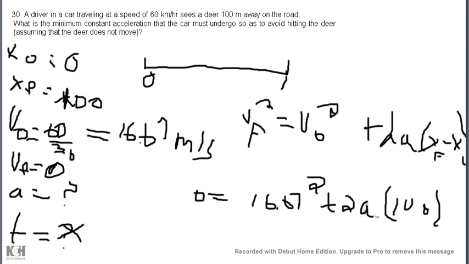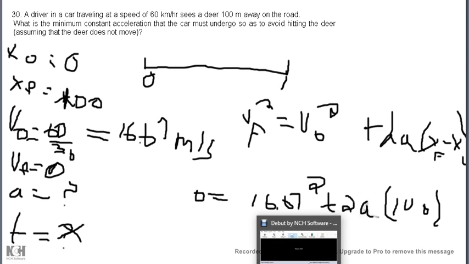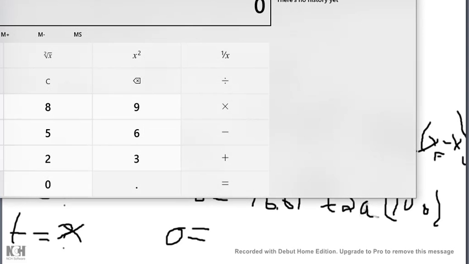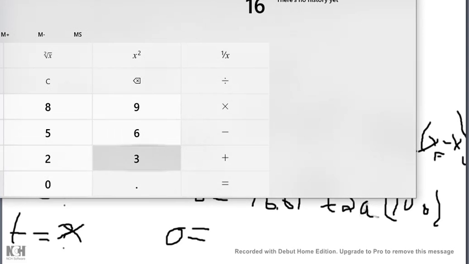So this becomes whatever 16.67 squared is. Let's go ahead and grab that number. I know 16 times 16 is 256. 17 times 17 is 289. So I should be somewhere in between there. Let's see what happens. 16.67 squared is 277.89.